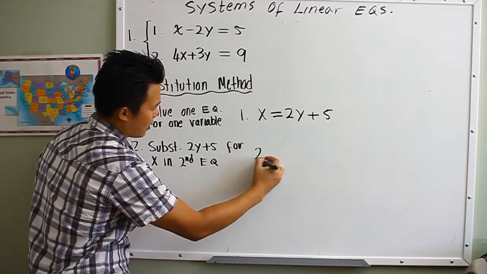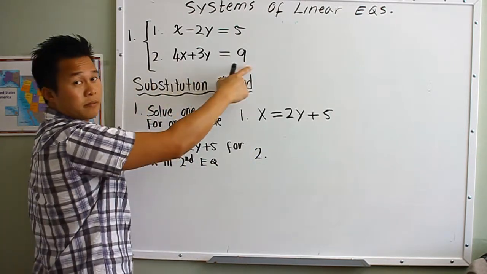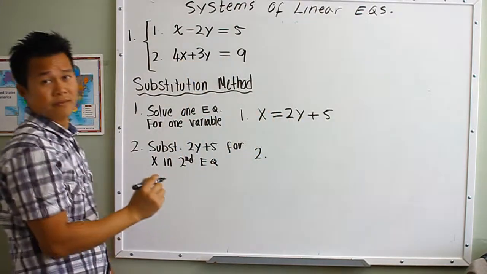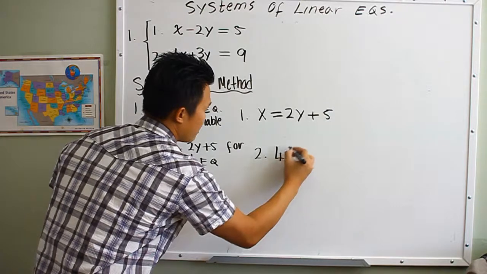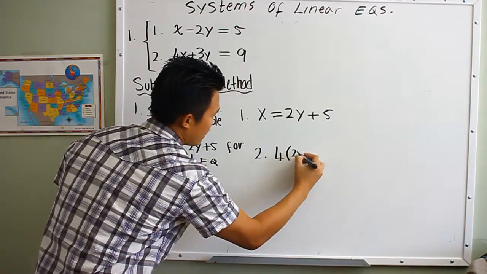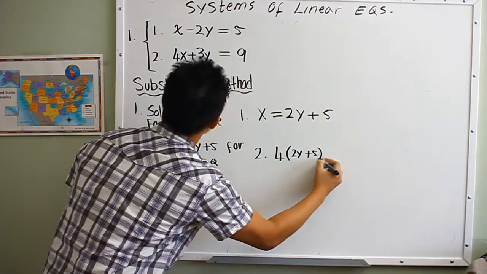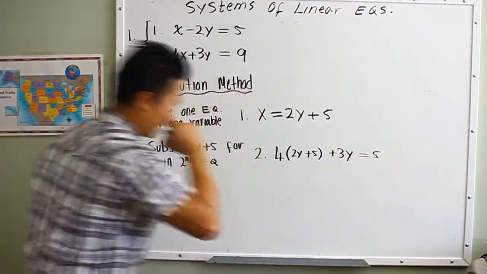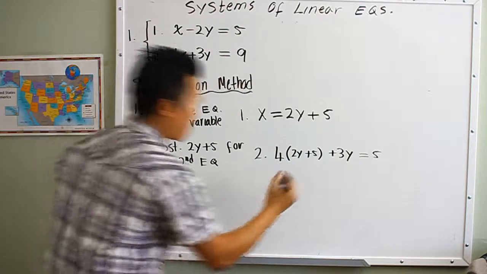All right, so here's what it's going to look like. In the second equation, I'm going to replace that x with 2y plus 5. So I get 4 times 2y plus 5 plus 3y is equal to 5. All right, distribute and solve for y.